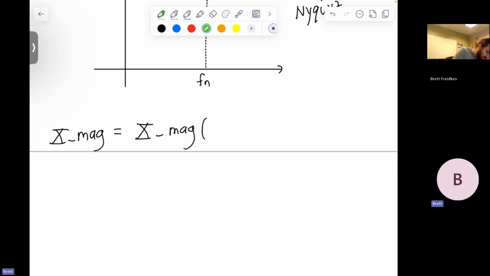And remember, for this problem, this X mag is originally 1 to 80, where this 1 corresponds to the magnitude at 0 hertz, and this 80 is the magnitude at Fs minus df.